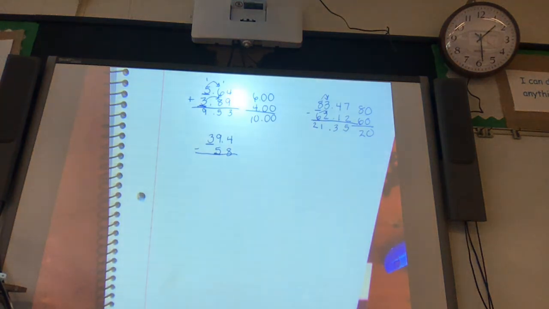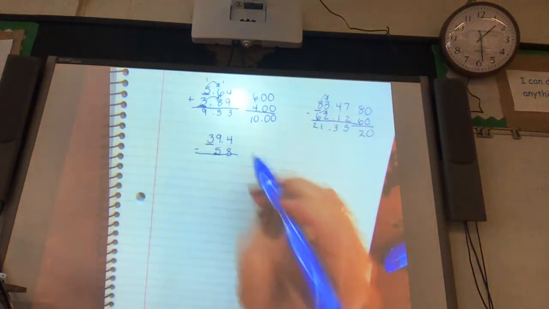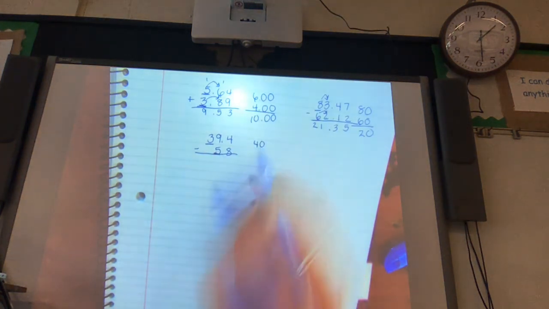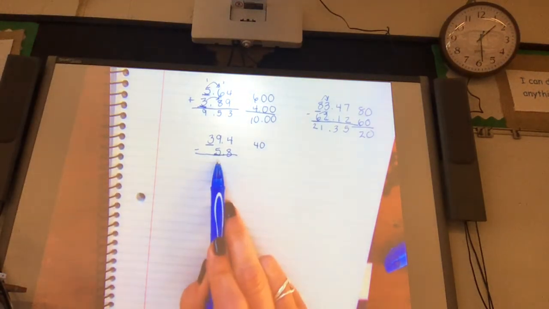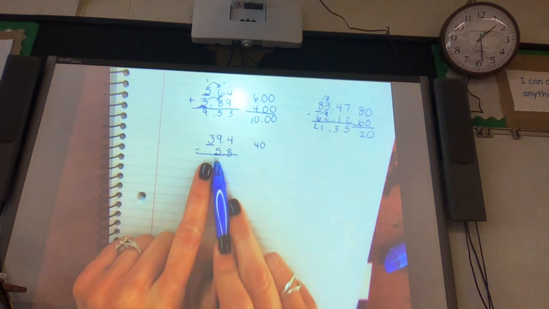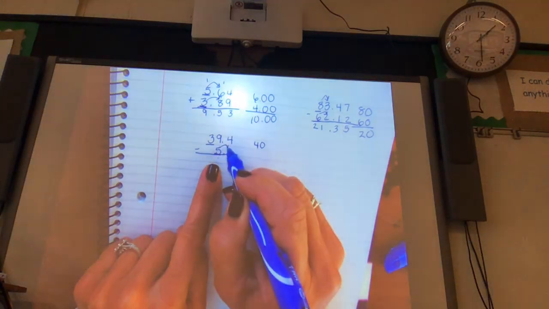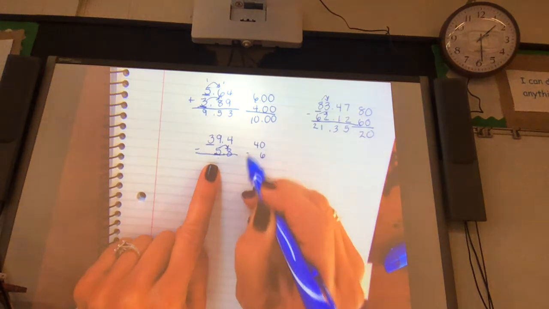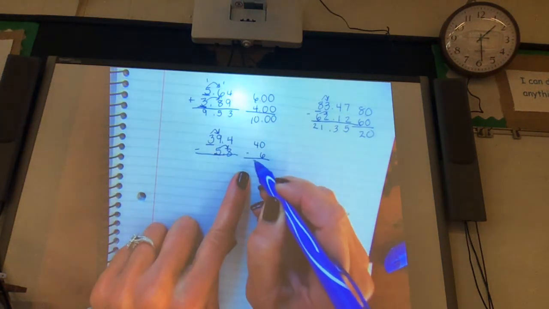So if we follow those rules of rounding to the greatest place, 39 and 4 tenths would be rounded to 40, and 5 and 8 tenths on this one, the ones place is the greatest. So 5 and 8 tenths would be rounded to 6. And 40 minus 6 is 34.